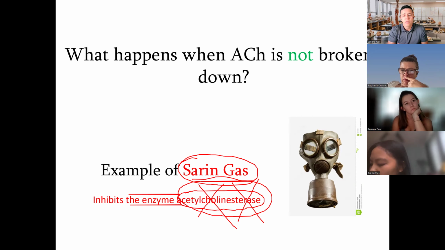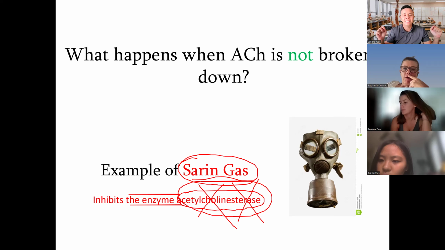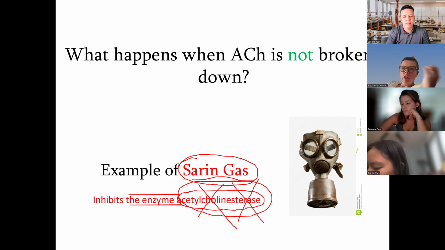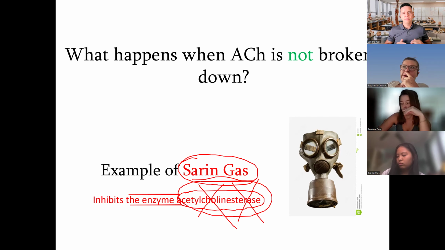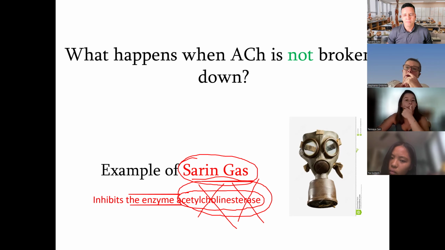Now, if you inhibit the acetylcholine esterase, that means the acetylcholine stays in the synapse, which means that the muscle stays contracted. Now, you might be thinking to yourself, okay, how does that kill someone? Guys, what is the name of the muscle that we have right under our lungs that helps with inhalation and exhalation? The diaphragm.